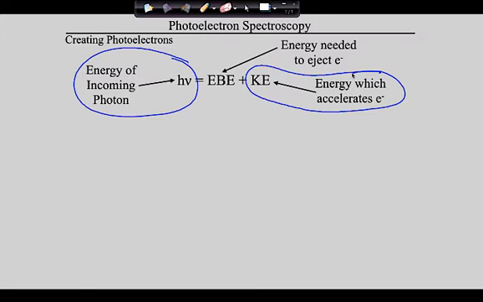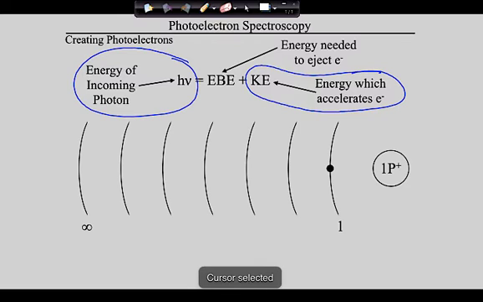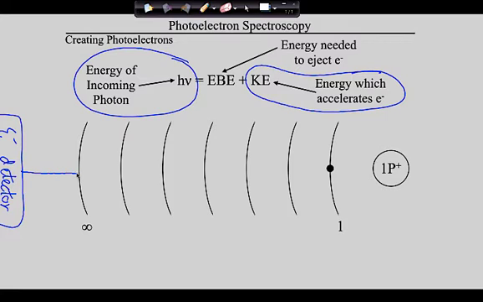Do you remember how? How do we figure out the kinetic energy of the electron? Exactly. And so let me bring in the rest of the slide, and it looks like this. And over here we have our electron detector. And we know this.